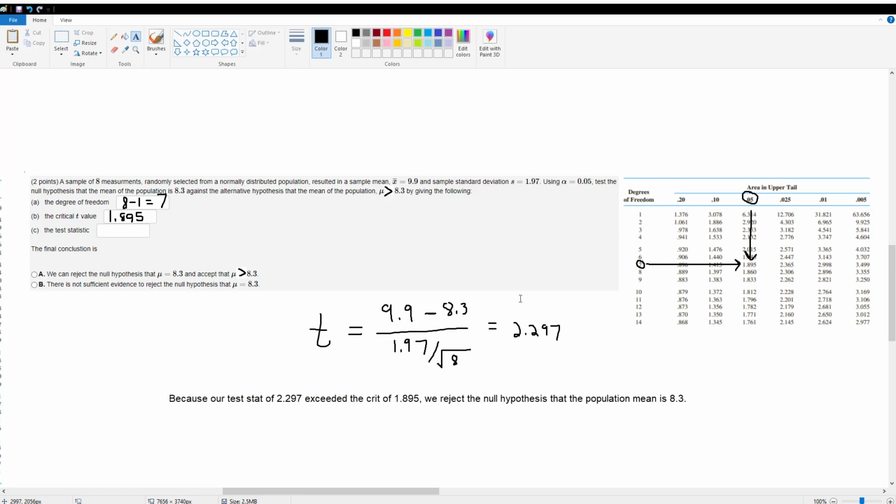You have a bit of room to work with for wording for some of these. You could also add, we accept that it's greater than 8.3, but as you can see, the crux of it remains the same.